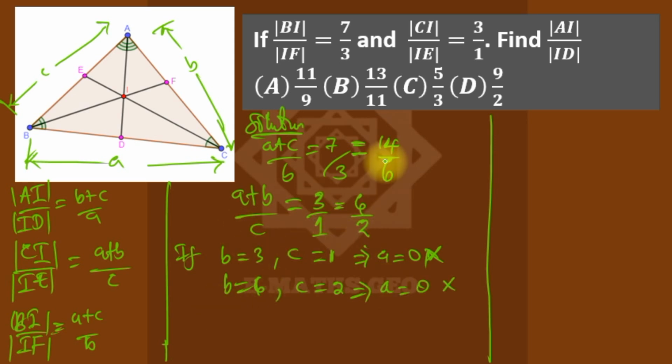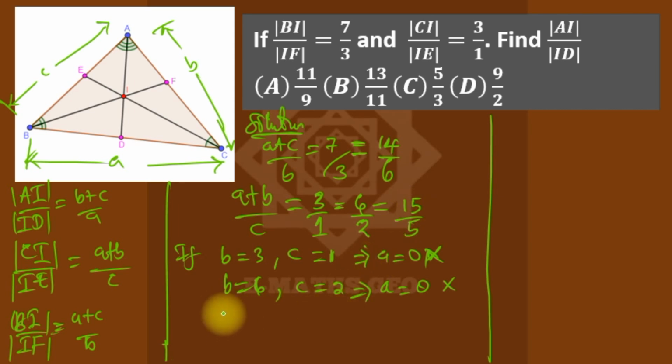So let's now try something else. Instead, let's multiply this by 5. So 3 over 1 times 5 is 15 over 5. So let's try this.